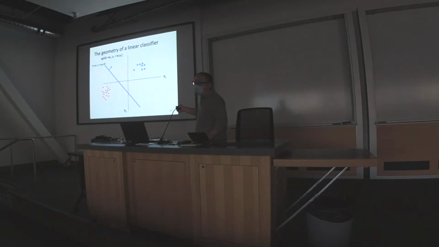What's the representation of this orthogonal vector? Any thought? It is the weight vector. It is W1, W2, well, of course, we need to put them together. It's a weight vector. Why?